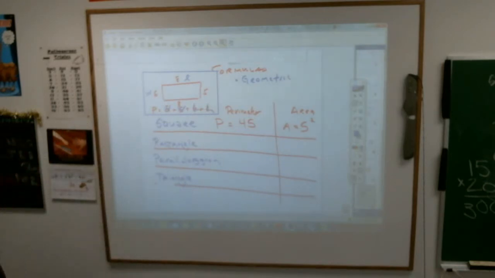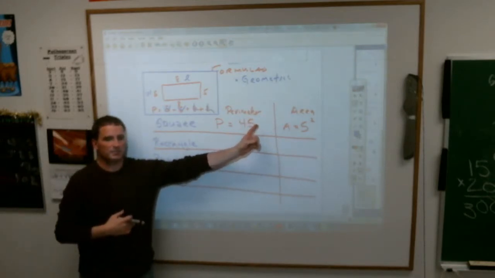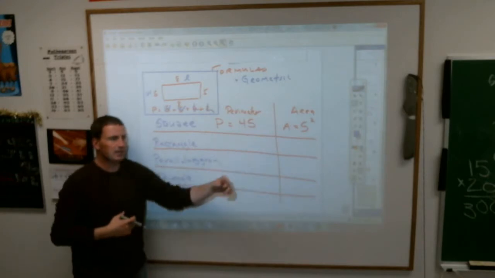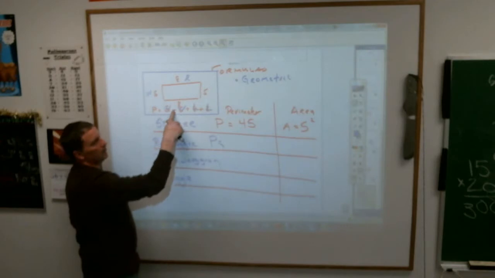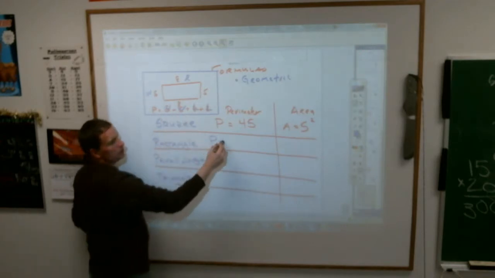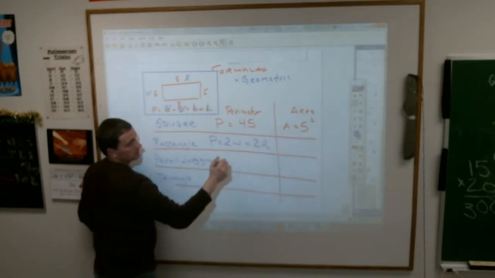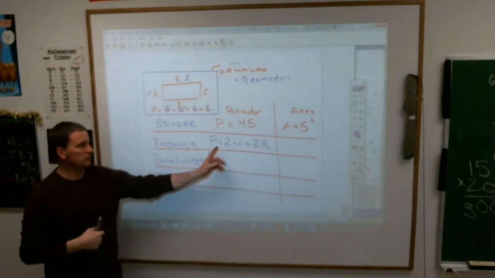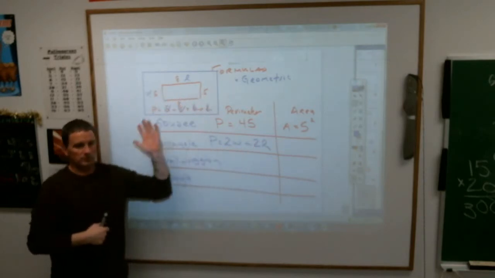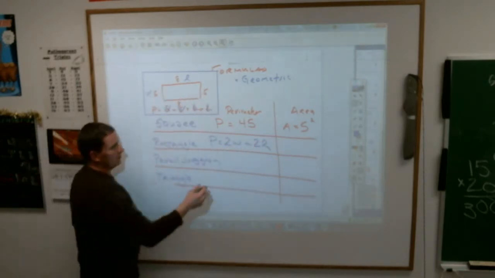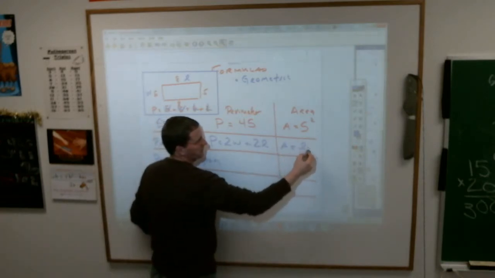And a different way to say that would be, just like instead of saying S plus S plus S plus S, I did 4S. Well, for the perimeter of a rectangle, I don't have 4 S's, but I have 2 W's plus 2 L's. You get that? Because 2 times the width plus 2 times the length gives you the whole perimeter of the thing. And we already know the area of a rectangle, you can't get any easier than length times width.